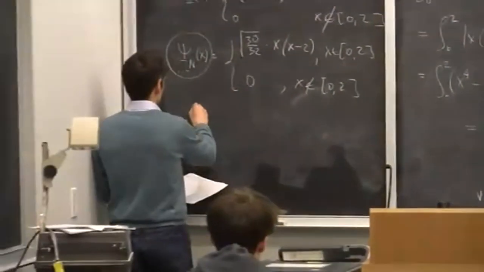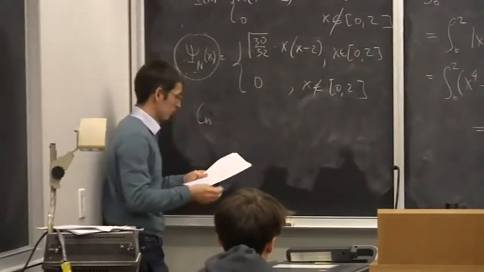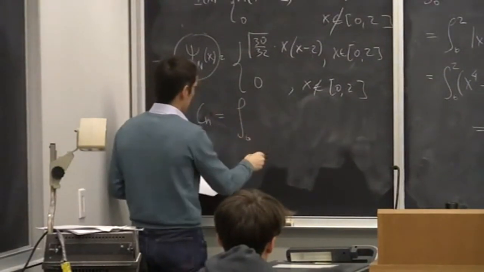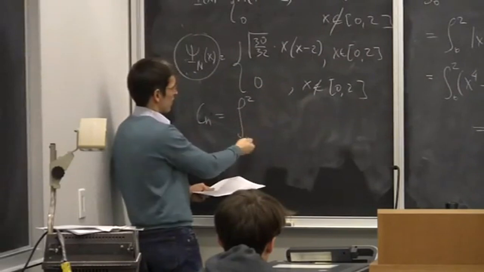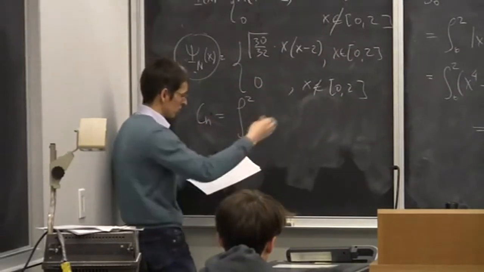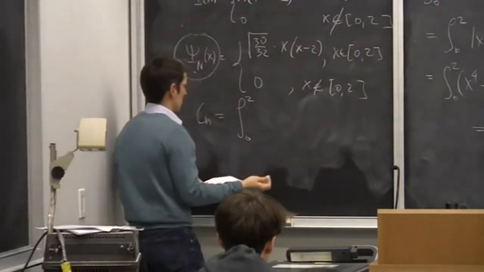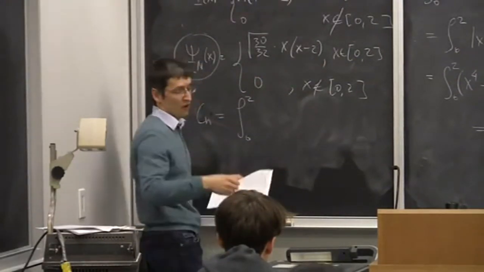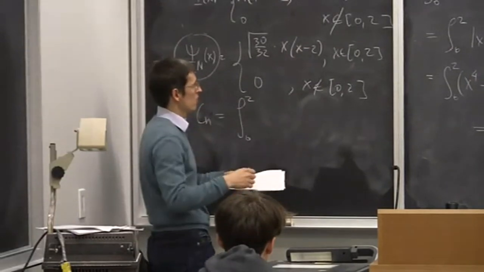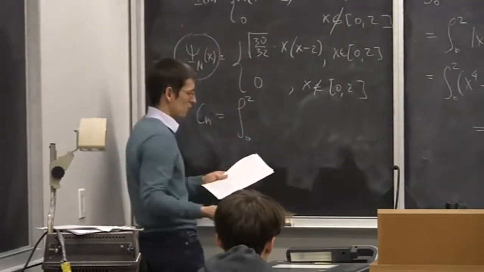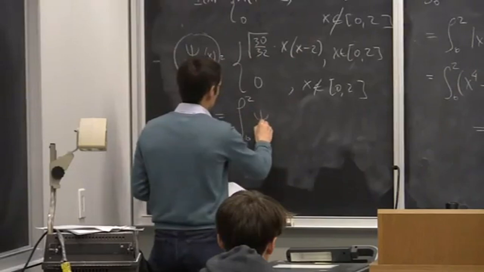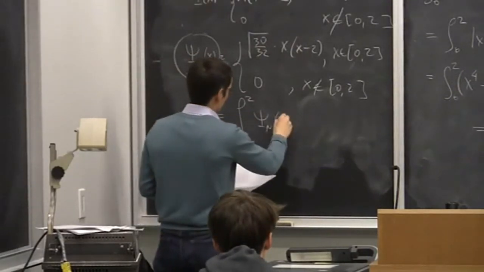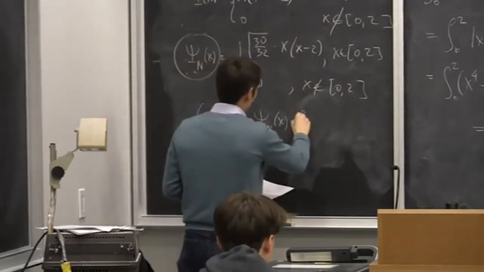Well, as I wrote already, the coefficients are the integrals, and all the action again happens between 0 and 2. Outside of the range the functions are 0, so there is no point in integrating there. But if the functions were nonzero outside the 0 to 2 range, then we would integrate from minus infinity to plus infinity in general.